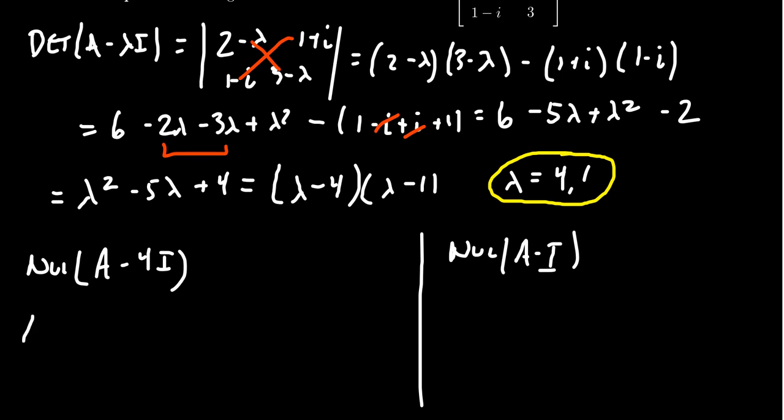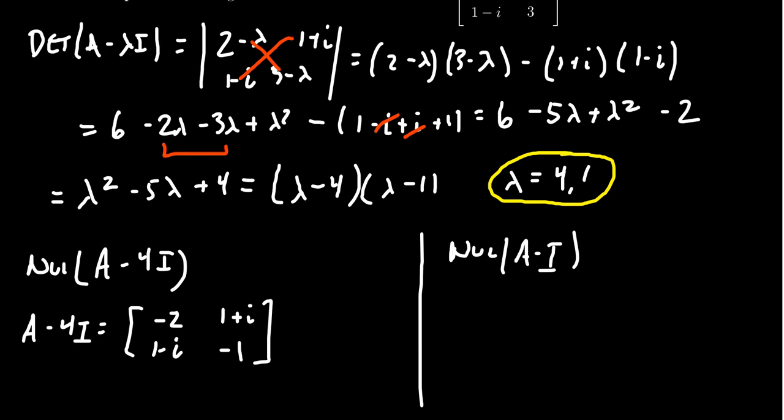We have to first take the matrix A minus 4I, like so. And so as a matrix, this will look like 2 minus 4, which gives us a negative 2, 1 plus i, 1 minus i, and then we're going to get 3 minus 4, which gives us a negative 1 right here. Did I do that one correctly?